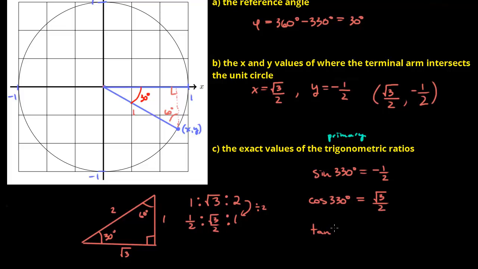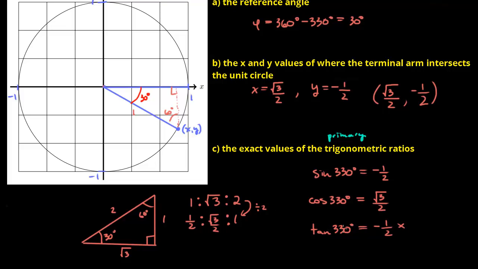And the tangent ratio, so tangent of 330 degrees, is equivalent to the y value, which is minus 1/2, divided by root 3 over 2, which we could just change to multiplication. Division by a fraction is the same thing as multiplication by the reciprocal.